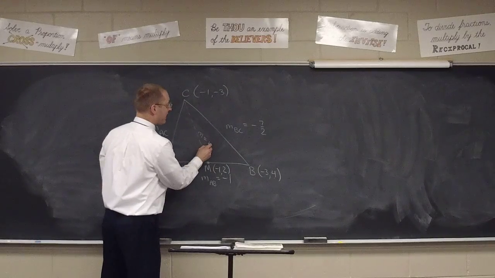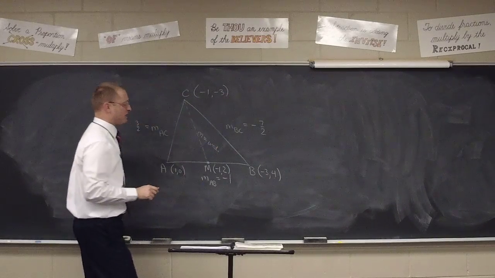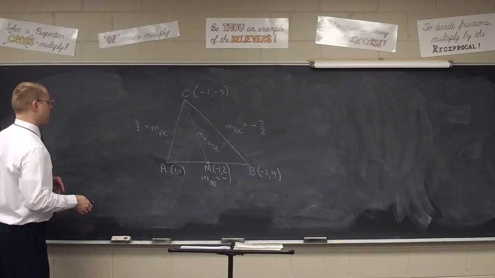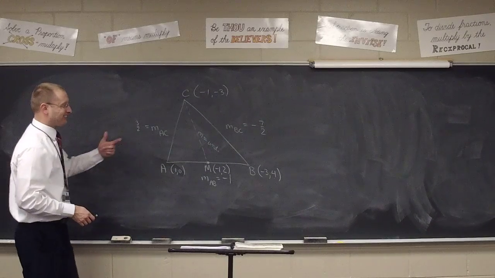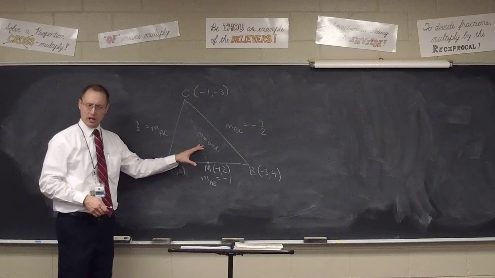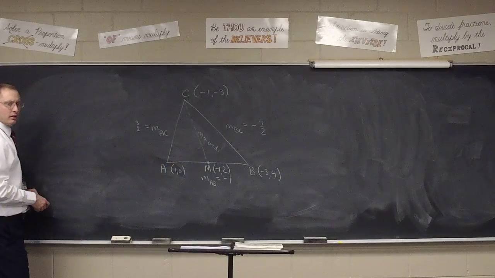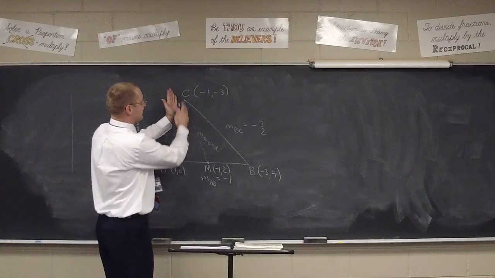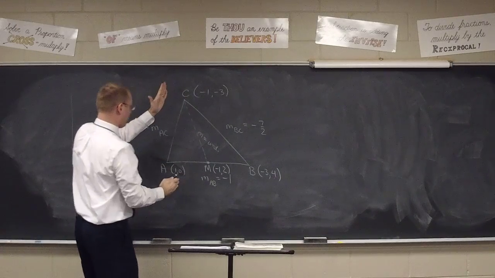It is undefined, isn't it? You end up with either 5 or -5 over 0, don't you? Let's quickly refresh our memory. Undefined slopes look like what? Straight up and down line, a vertical line. So apparently this median is actually straight up and down, vertical.